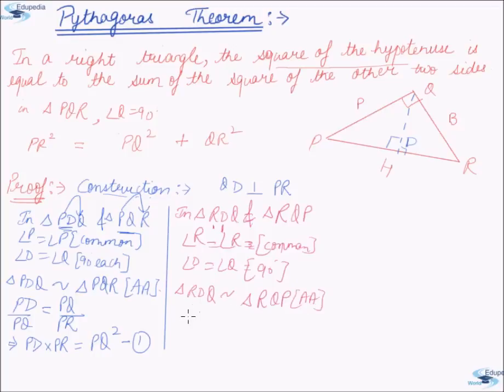Since both the triangles are similar, the ratios of the corresponding sides will be proportional. That is RD over RQ is equal to RQ over RP. On cross multiplication, we have RD into RP is equal to RQ whole square. Let this be equation 2.